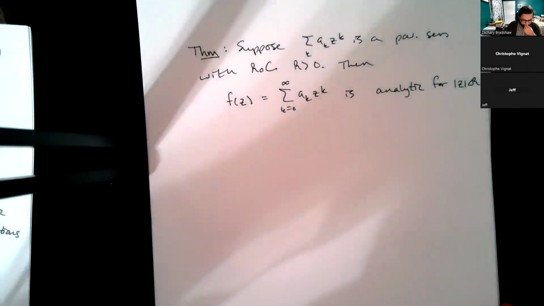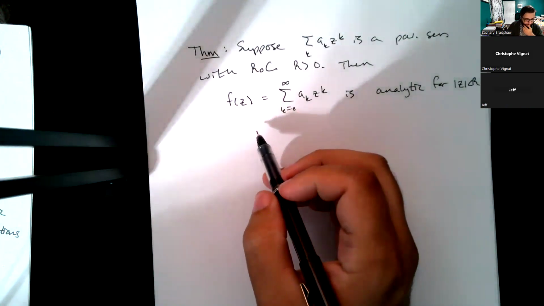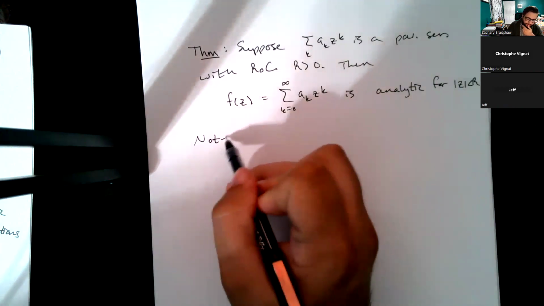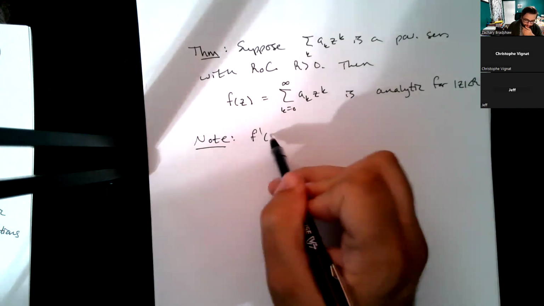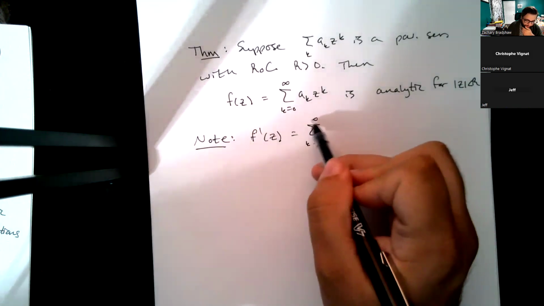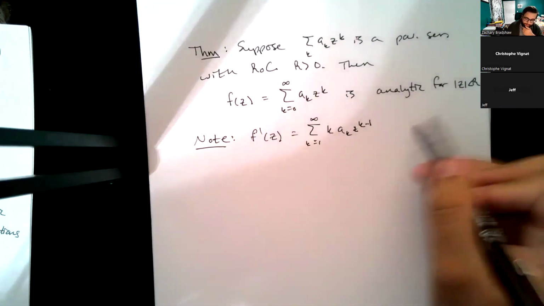Let me just note quickly before I prove this, the proof is not hard at all. The derivative of f will be given by the sum from k equals 1 to infinity of k a_k z to the k minus 1, and so on.